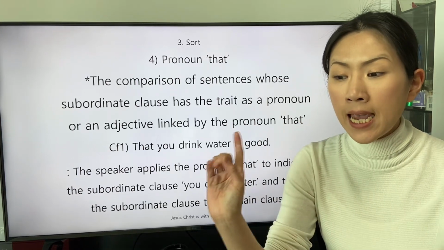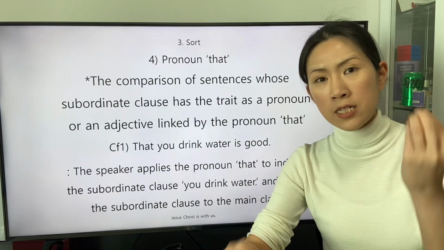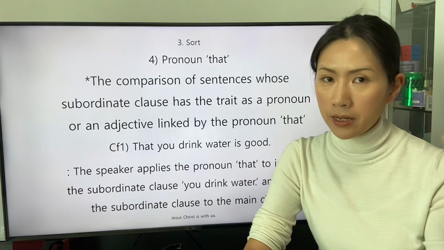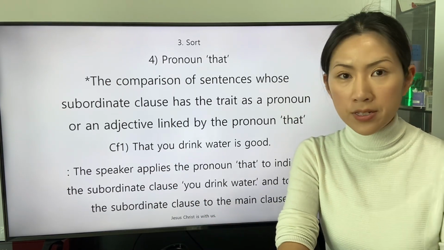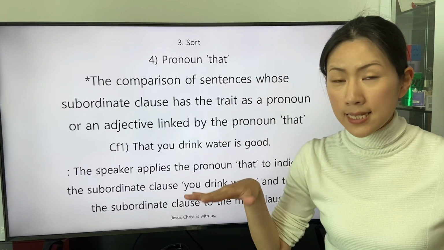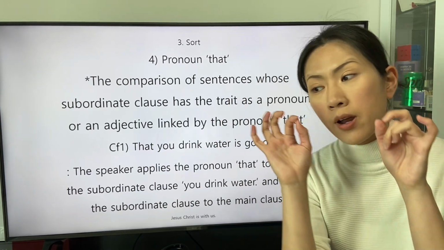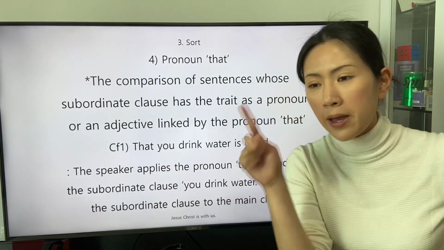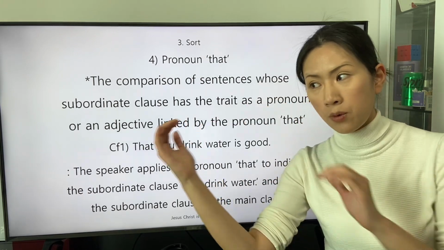The indicated subject or object in the subordinate clause is applied as a subject or an object in the main clause. That's what we studied previously. In this class, we study the pronoun that to describe the precedent in the main clause. The subordinate clause linked by the pronoun that has the trait as an adjective for the precedent.